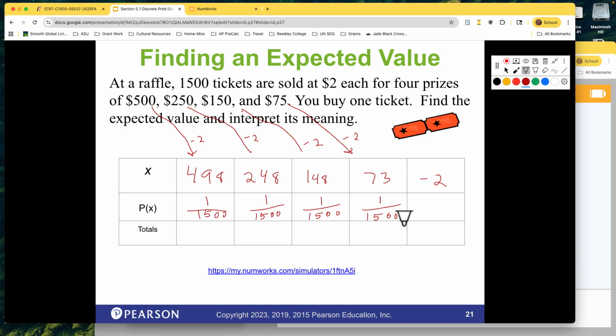Notice once they start drawing, if we use conditional probabilities, there's one less ticket. So once they draw the first one, there's a slightly different probability here, but it's so slightly different we don't need to worry about it. 1 over 1499 is so close to 1 over 1500, so we just calculate it this way.